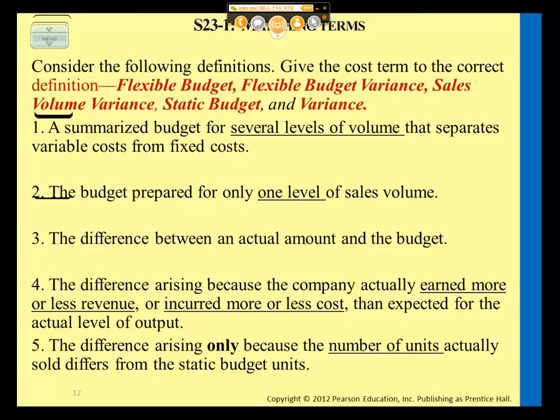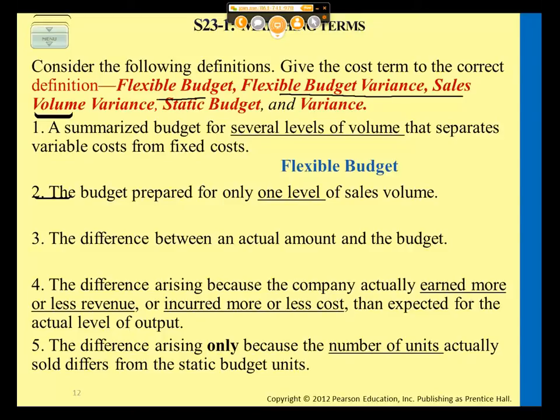The terms are right here. They're the ones that you're going to be using, right? So what is it? Several levels of volume are presented to you, separating variable costs from fixed costs. It's a flexible budget. That's right. The budget prepared for only one level of sales volume.